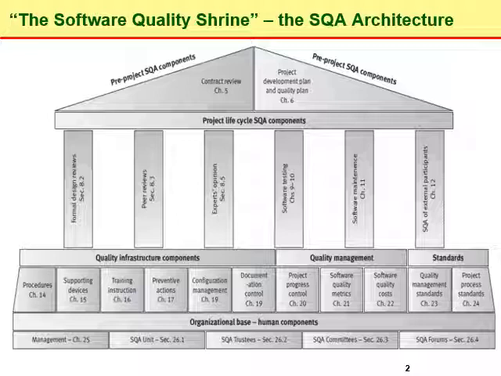Instead, an organizational base is required, and we need to have some group of people or human beings that in fact contribute towards the overall process of quality assurance. So the organizational base is of course collectively made up of, for example, here we have management, SQA units, SQA trustees, and different SQA committees, and SQA forums.